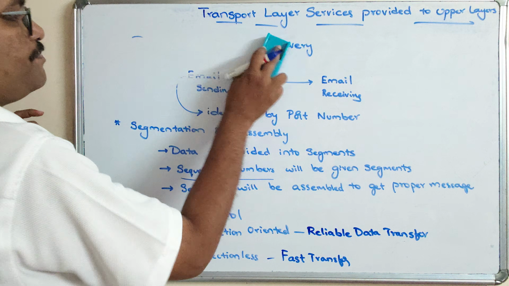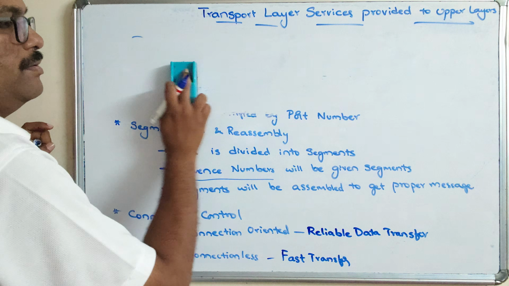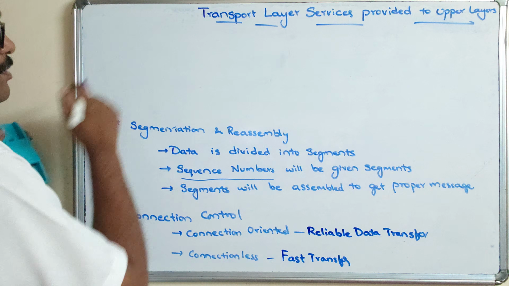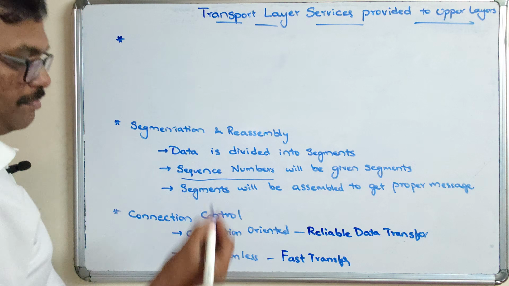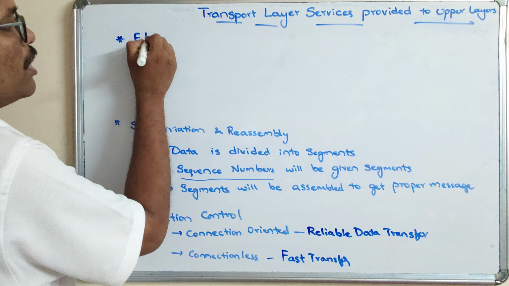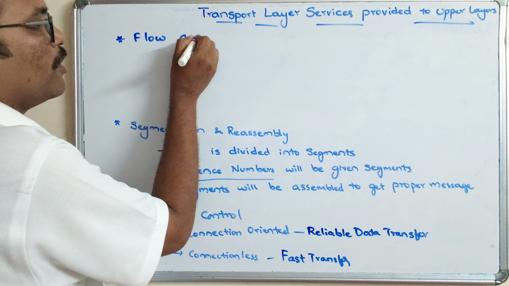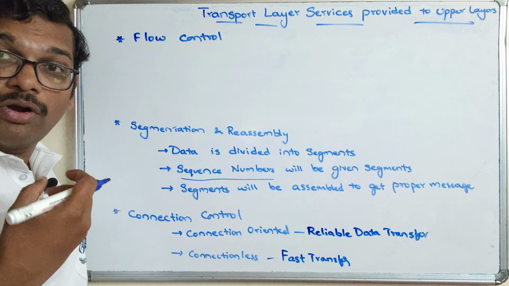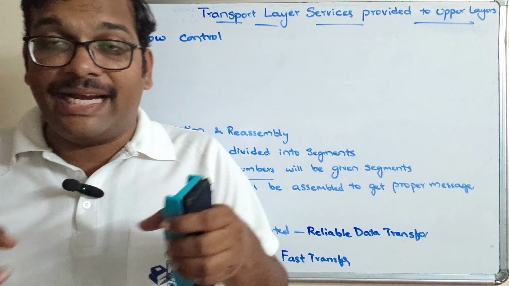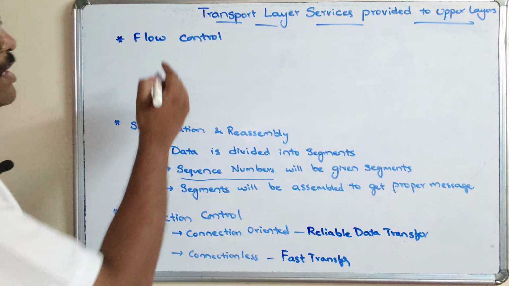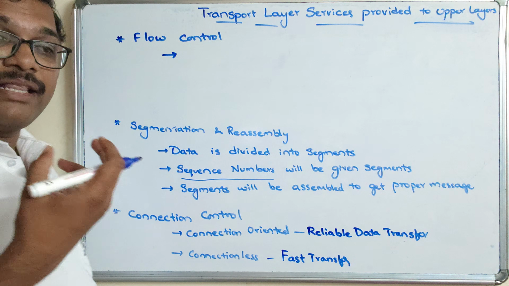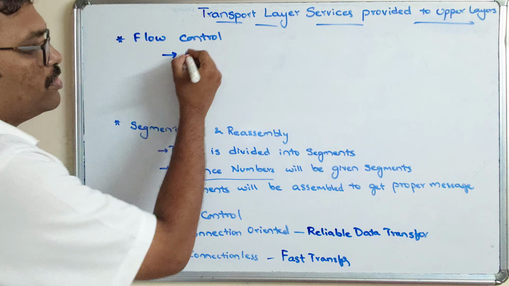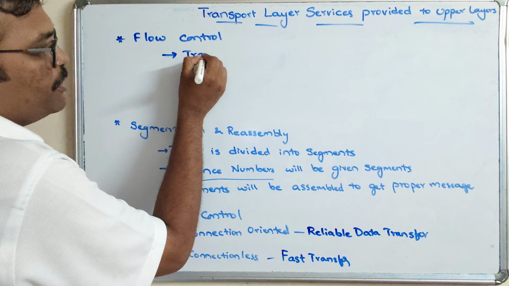So next, flow control. Already we have seen different flow control mechanisms. In order to match the sending speed and receiver speed, the transmission rate should be reduced.